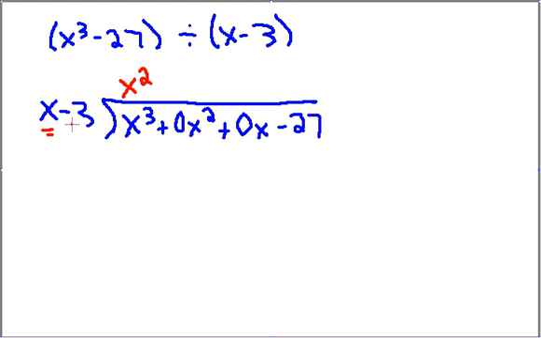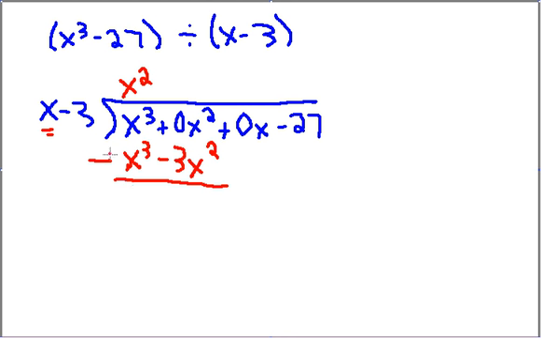X squared times x is x to the third. We now need to take the x squared times a minus 3, which is going to give us a minus 3x squared. So all of our multiplication with our divisor is finished with our x squared term. Now we have to take our first polynomial and subtract our second one from it.